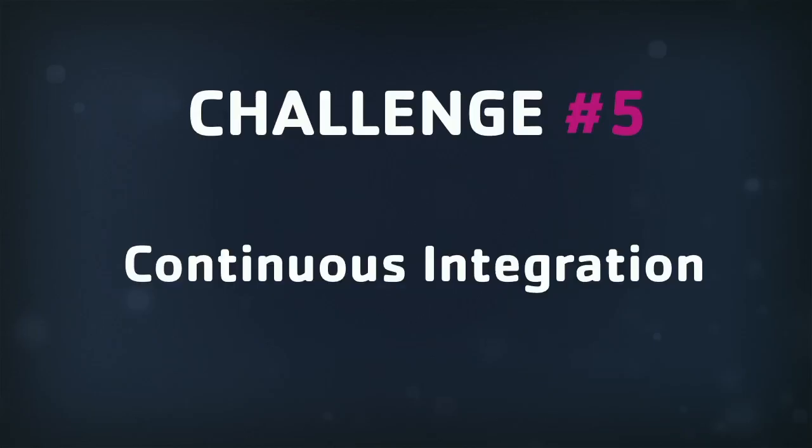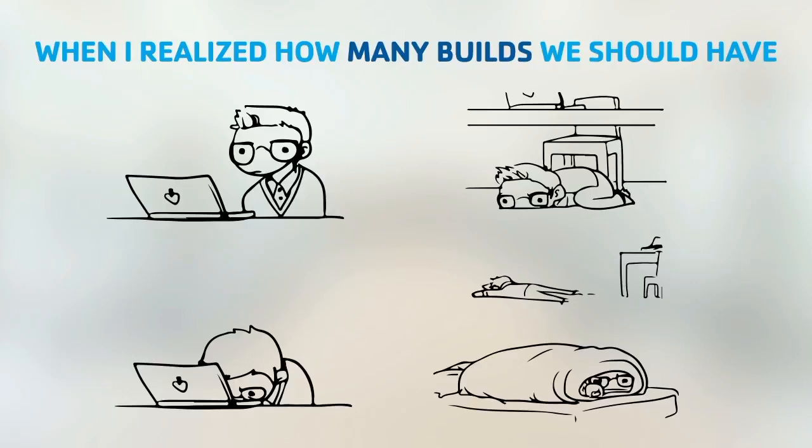And with that, we get to the point that, of course, we are using continuous integration in order to test everything. And we realized, so that's actually me, when I realized how many builds we should support for the continuous integration workflow. So let me explain.